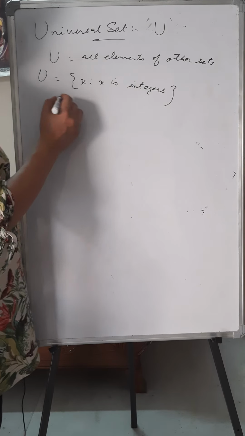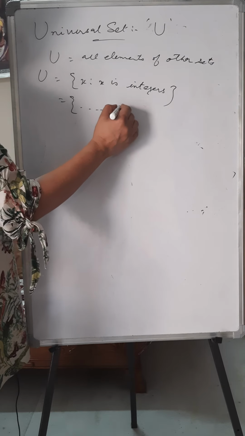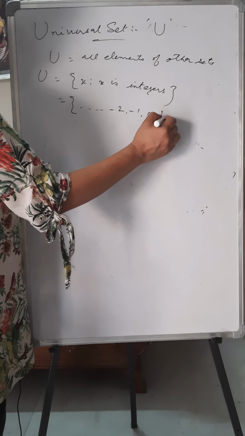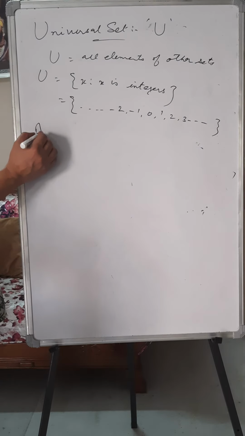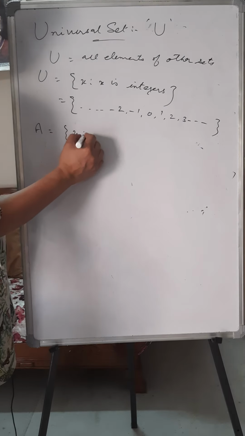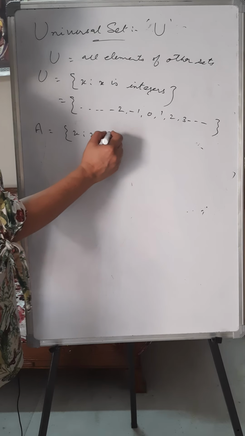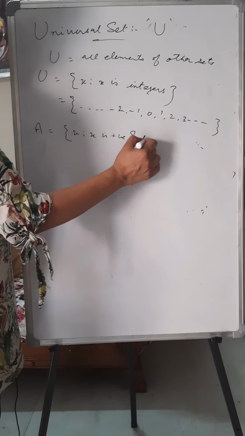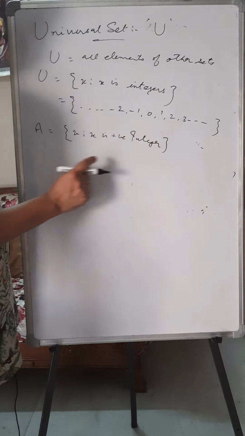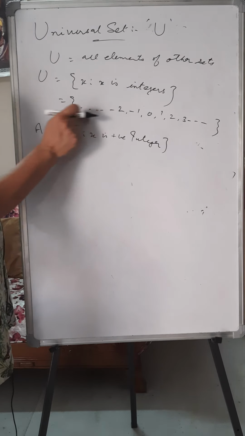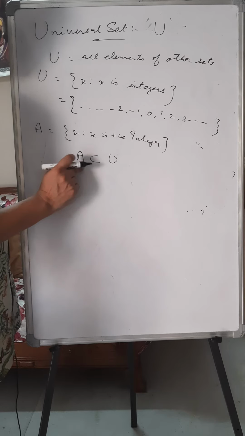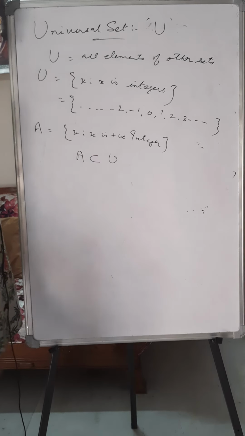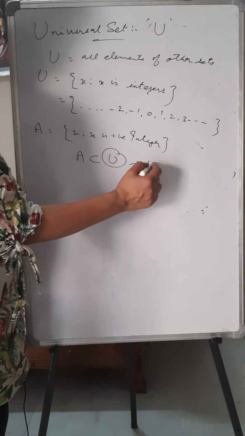How will you write it? -2, -1, 0, 1, 2, 3 and so on. If A is a set of positive integers, then every element of A belongs to U. Every element of A belongs to U means A is a subset of U. Then U is a universal set.